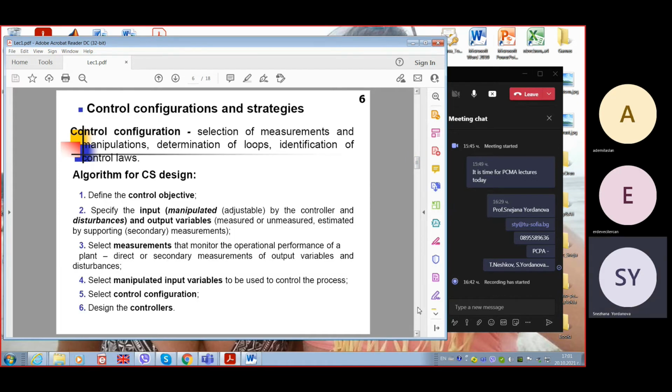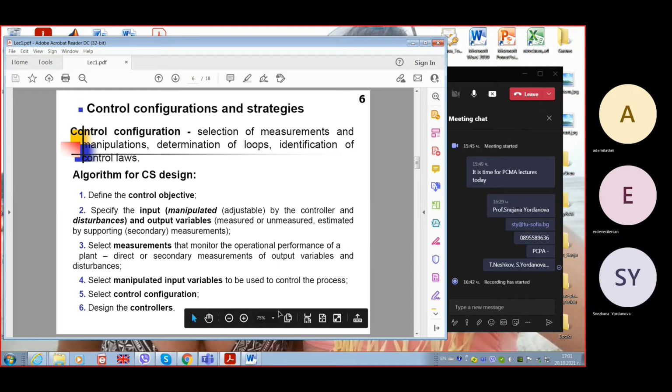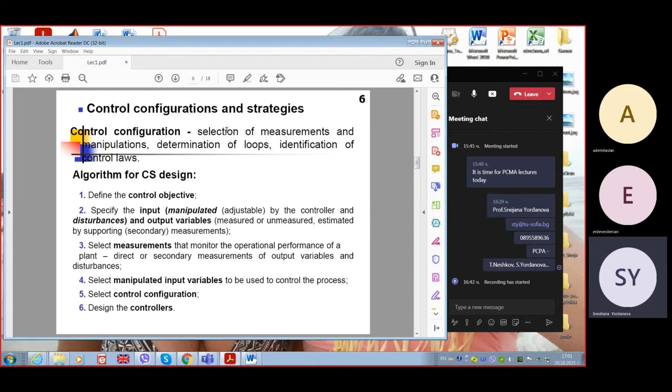So the configurations we use for control and the control strategy, they determine which is the information variable we have to maintain, to stabilize, to optimize, or to control with respect to a given program in time schedule, and which is the variable which we have to change to obtain desired measurement of the output variable.